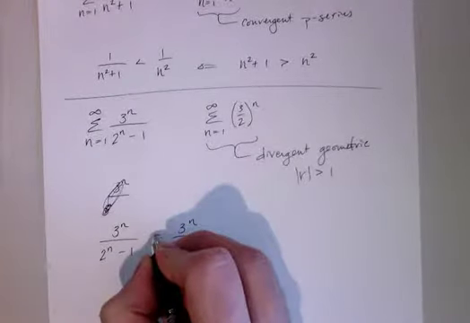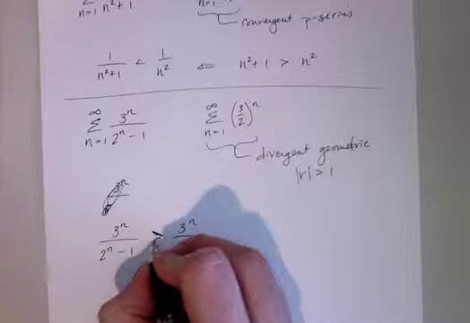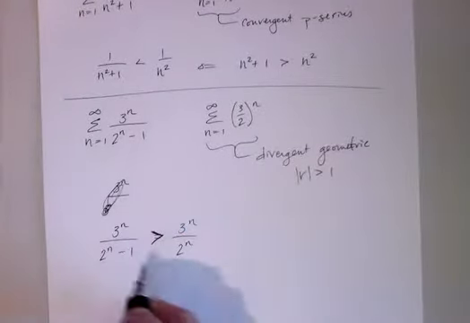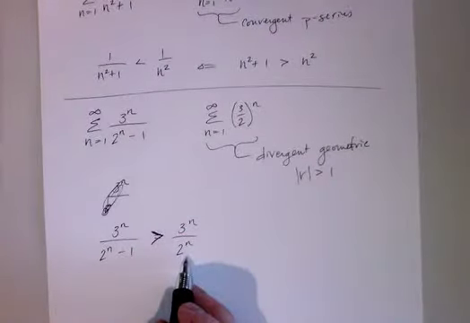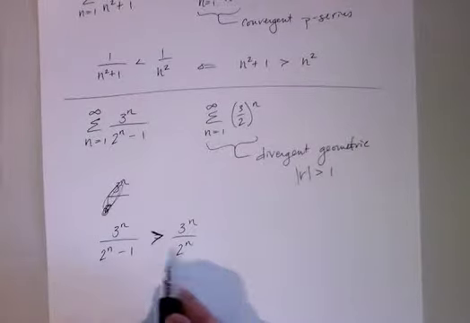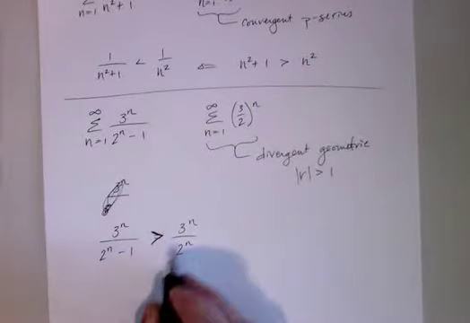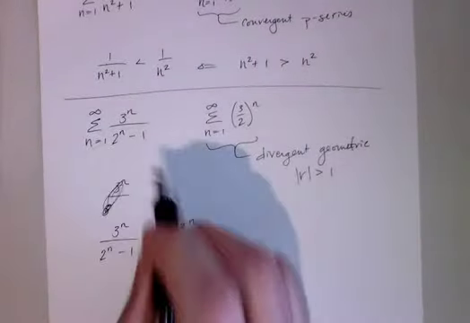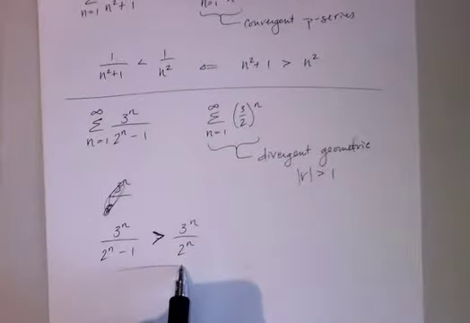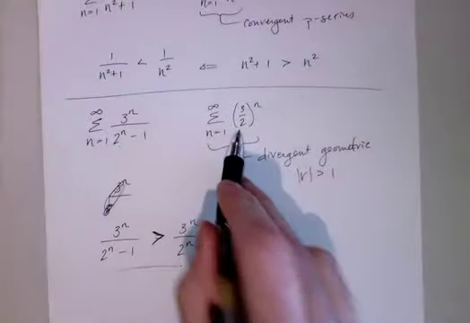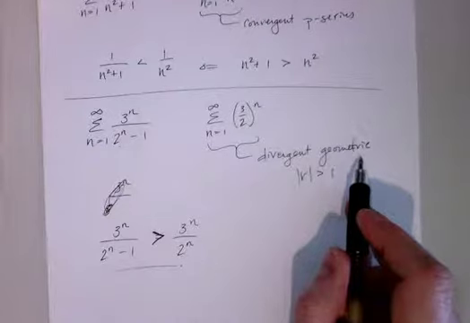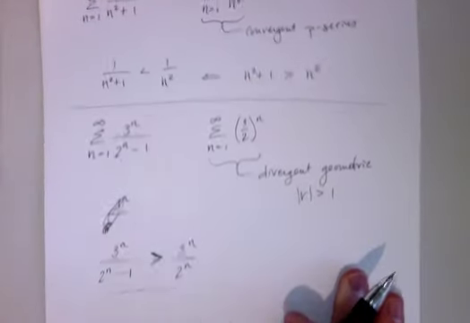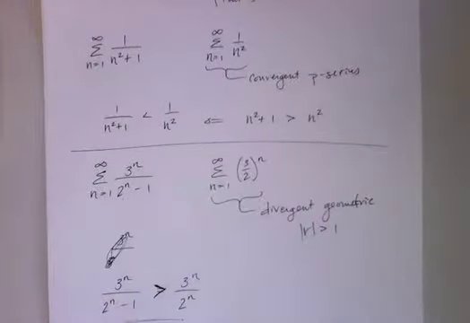No. This is going to be larger, right? This is larger than this because this has a smaller denominator than this. So if this is larger than a divergent series, then it is also divergent, okay?